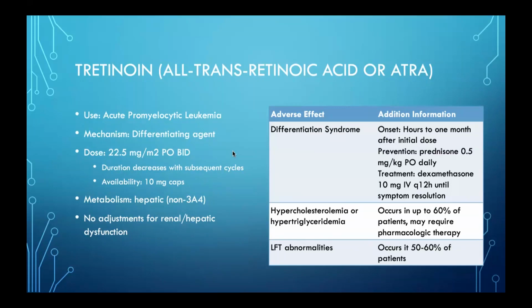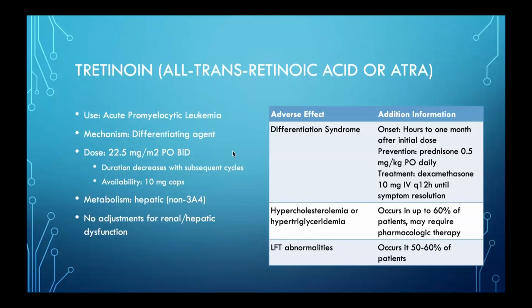It is an expensive medication, so coverage can be a challenge with these people. So it's something we need to really hop on right away once they have this diagnosis to make sure there aren't any lapses in therapy. It's hepatic metabolism via non-3A4, which is convenient, and then no renal or hepatic adjustments. So our big side effect is differentiation syndrome, and so you can see the earlier time course here, hours to 1 month after initial dose.